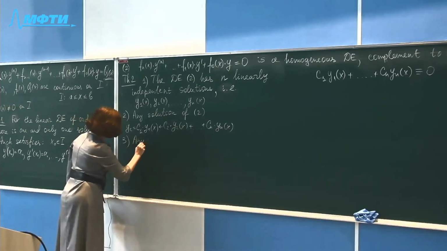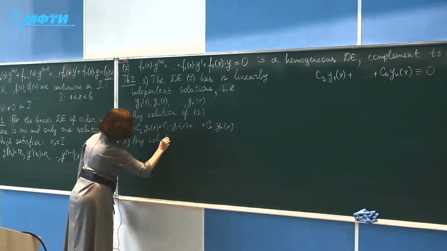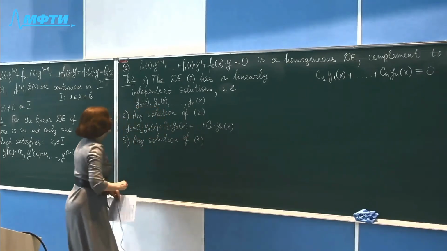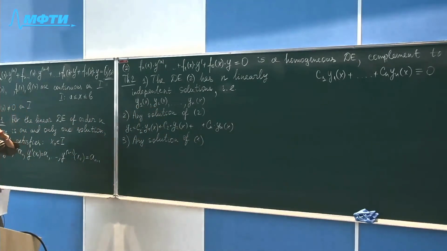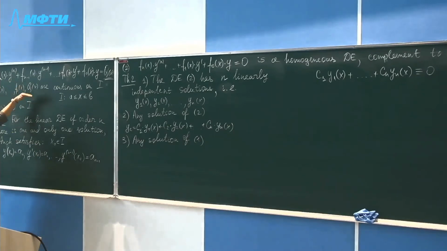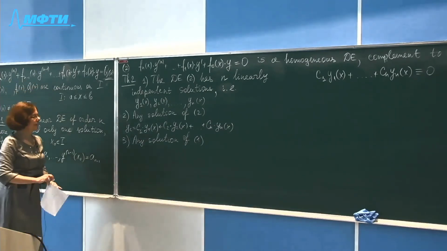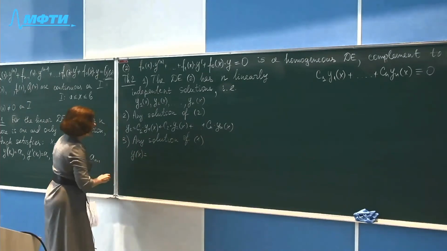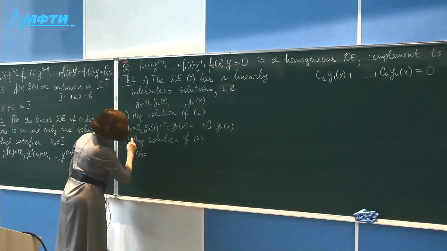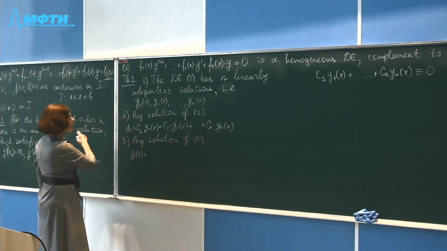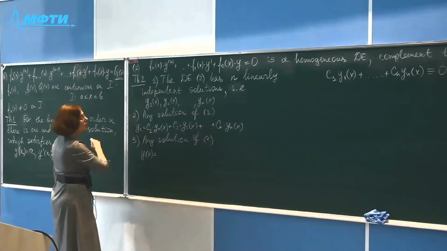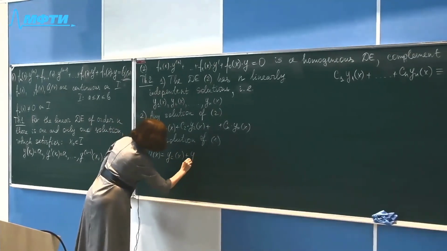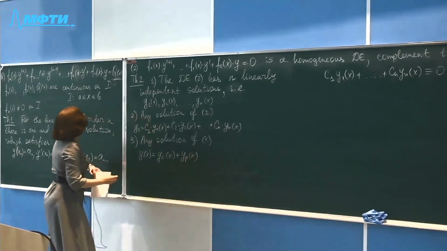So any solution of the original non-homogeneous differential equation can be represented as the sum of this general solution of a homogeneous differential equation, yc of x, and a particular solution of the original equation.